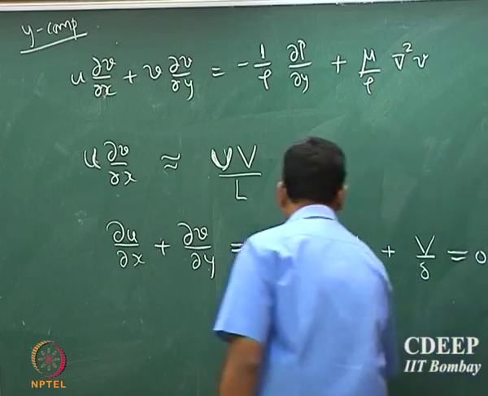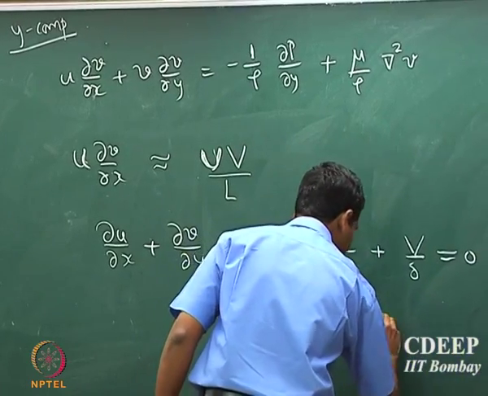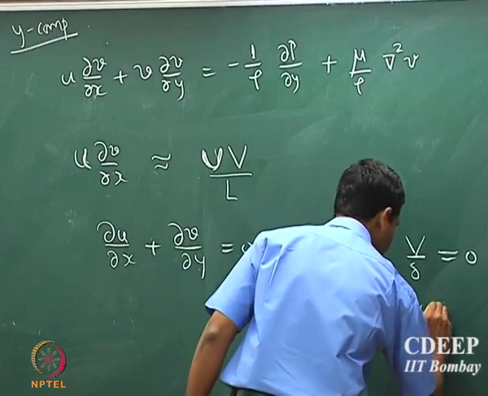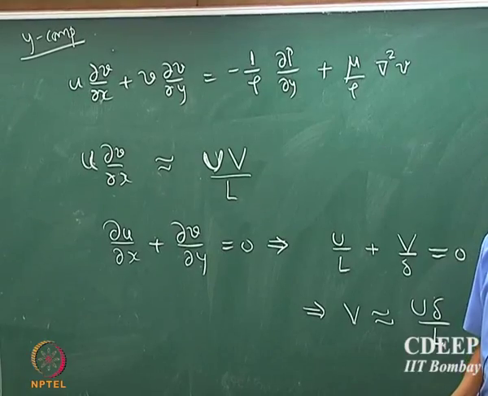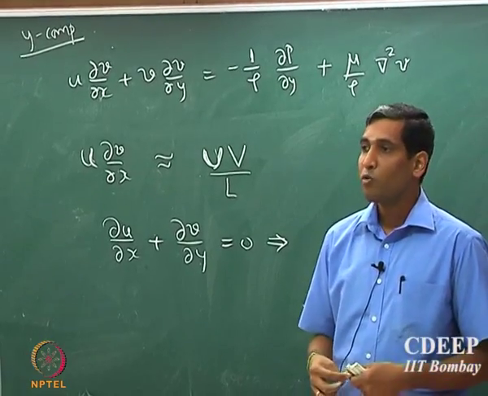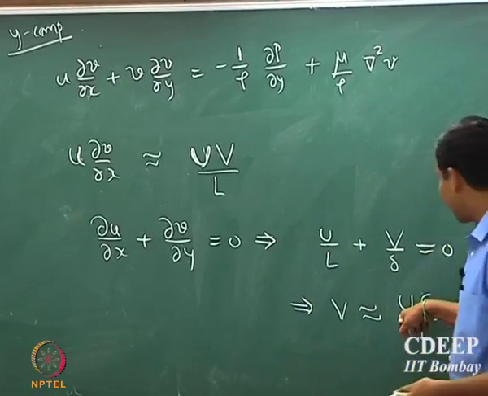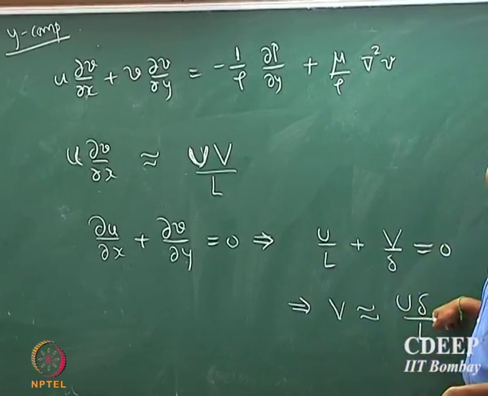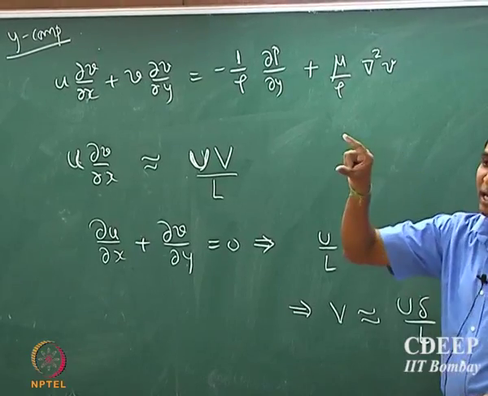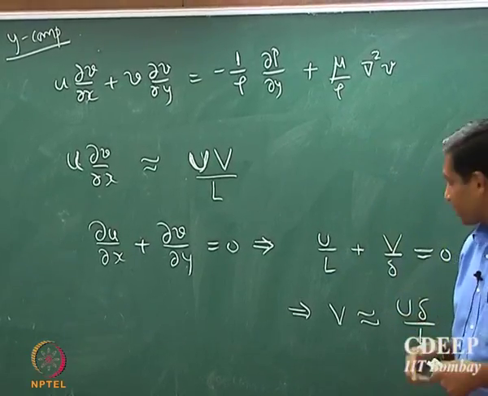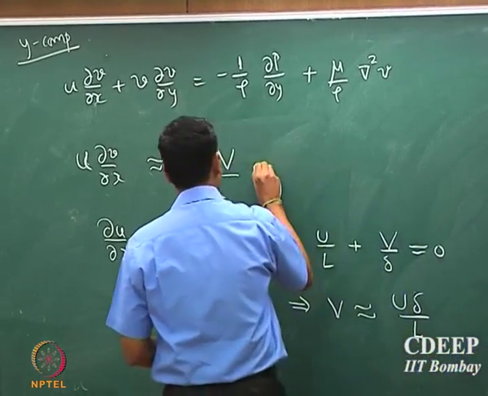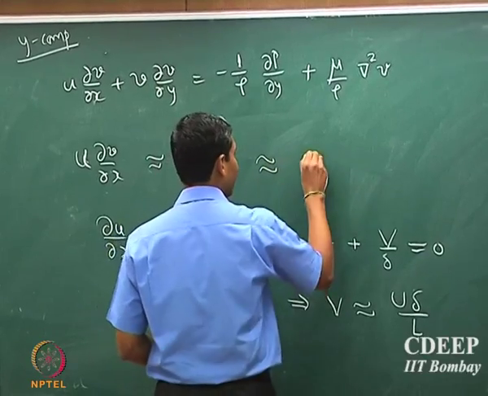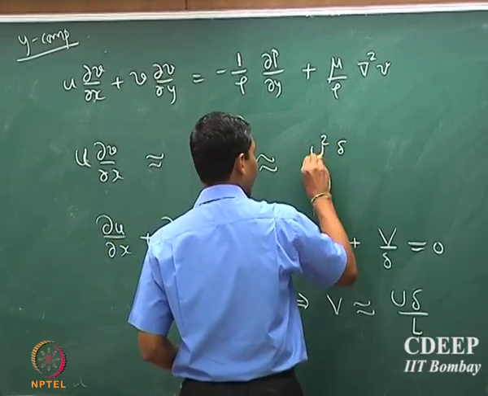So from here we find that V should actually scale as U into delta by L. Okay. So the order of magnitude of the y component velocity is scaled as the free stream velocity multiplied by delta over L. Alright, so with this, u into dv by dx would actually scale as U square delta by L square.